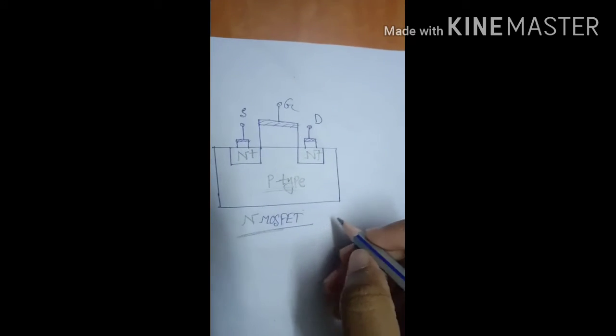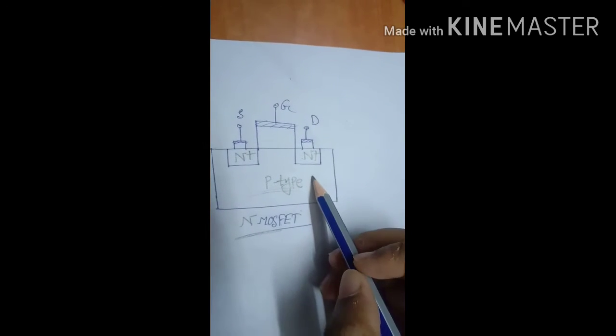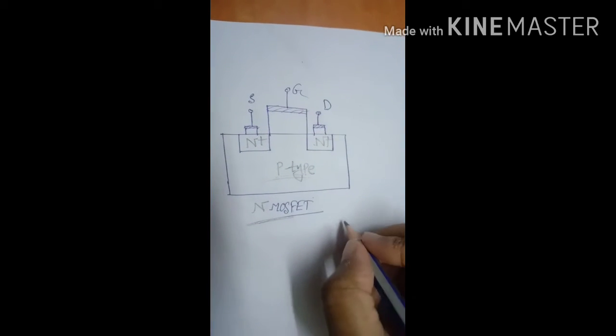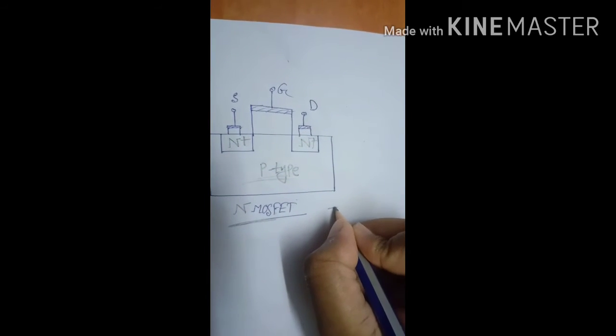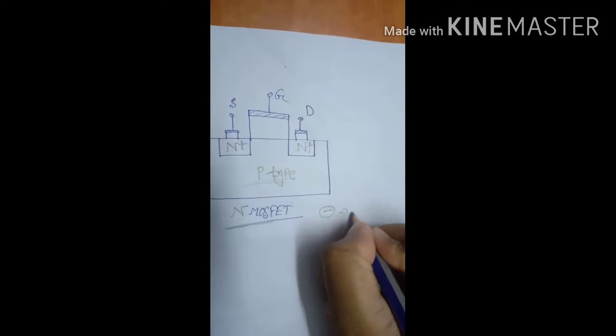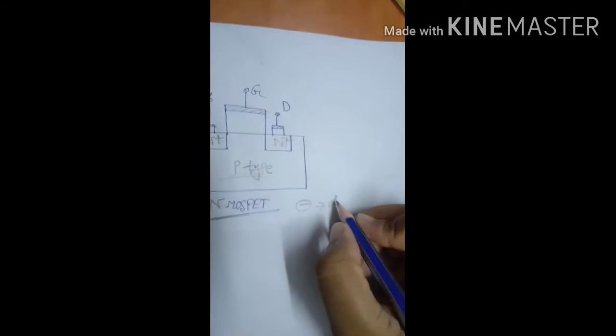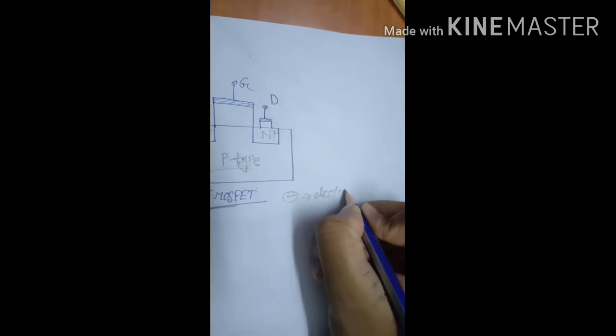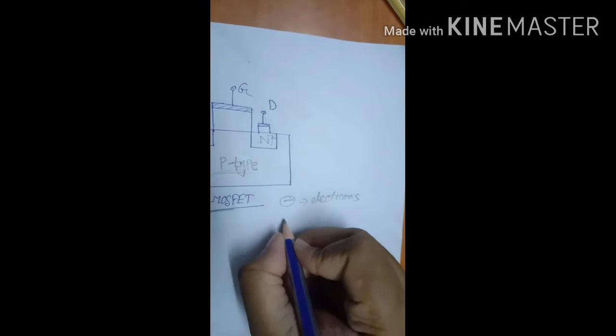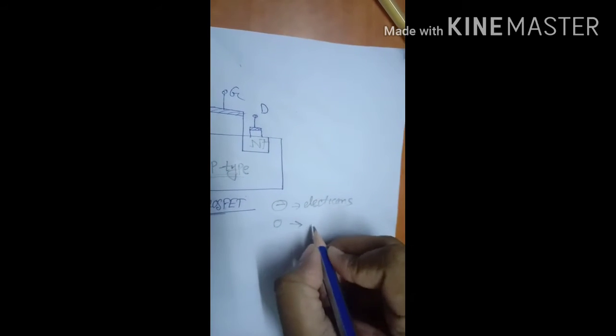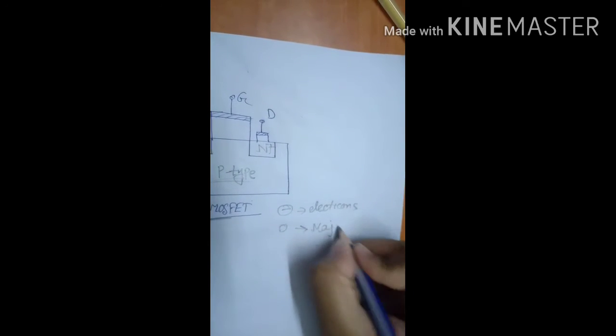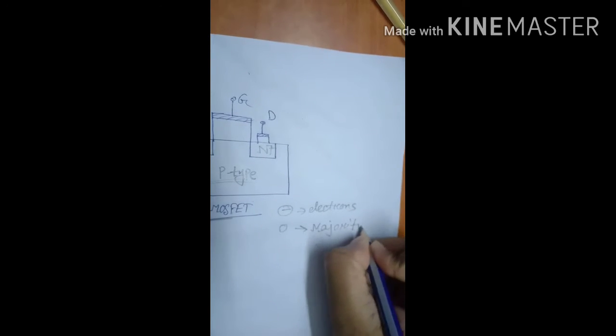We know that in case of P-type semiconductor, what will happen? Minority carriers are electrons and holes are the majority carrier.